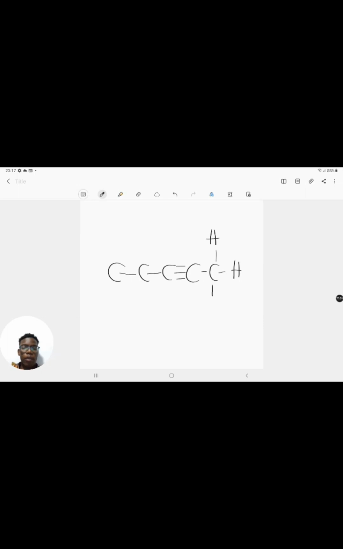This is H. Remember, 4 bonds around all your carbon atoms, just 4. So if you count the number of bonds around all the carbon atoms here, it's going to be 4. It should always be 4. That should be something you're used to by now from the first video.